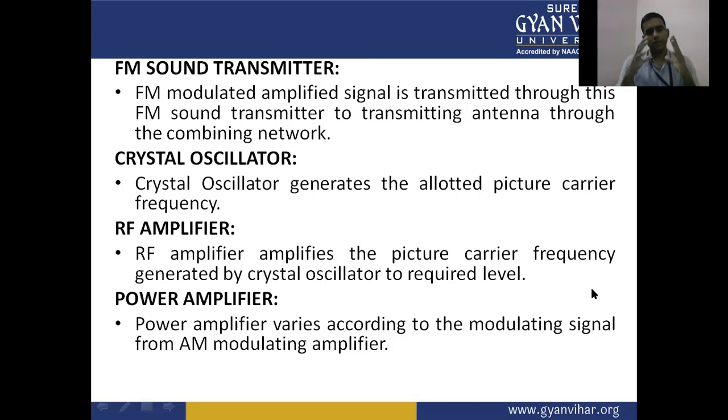So the RF amplifier amplifies the crystal oscillator signal to a certain level, as per the requirement of the AM modulated picture signal at a particular level. Power amplifiers amplify the signal according to the modulating signal from the AM modulating amplifier.